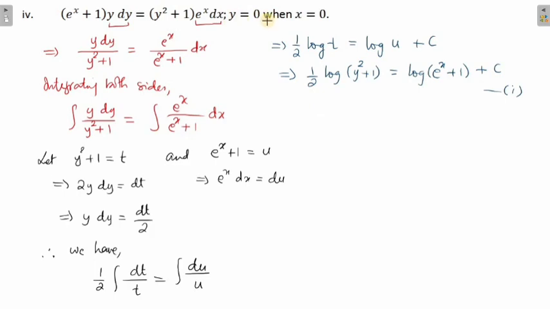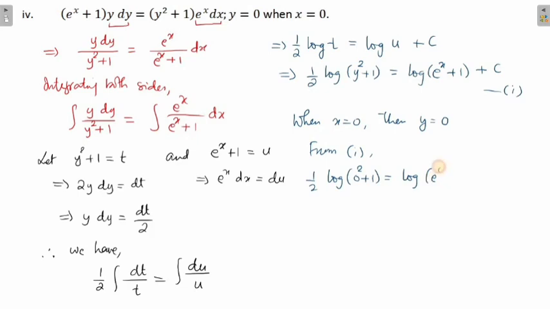Now the condition is given out here. When x equals 0, then y also becomes 0. So from this equation, let's see how much we get. We get half log of 0 square plus 1 is equal to log of e to the power 0 plus 1, plus c.